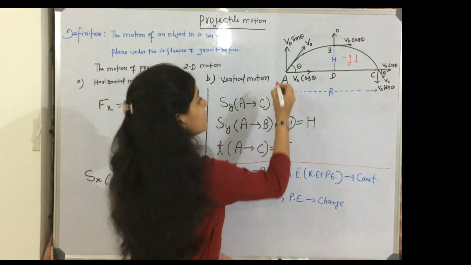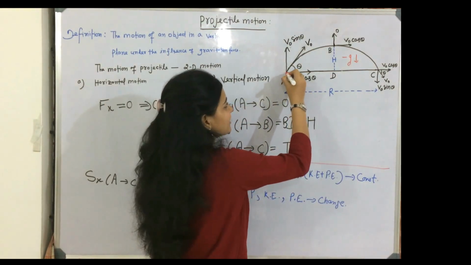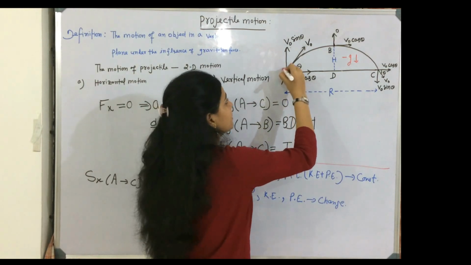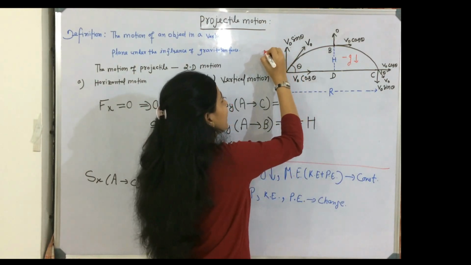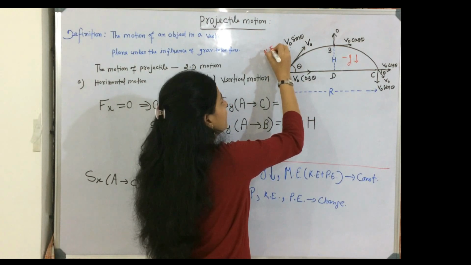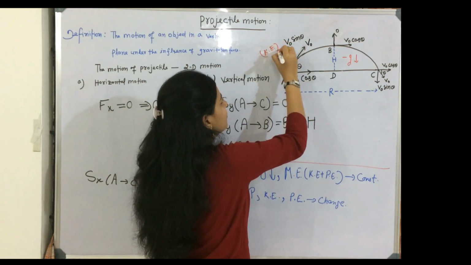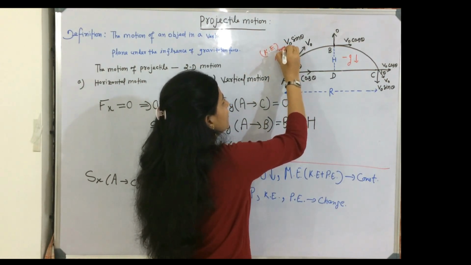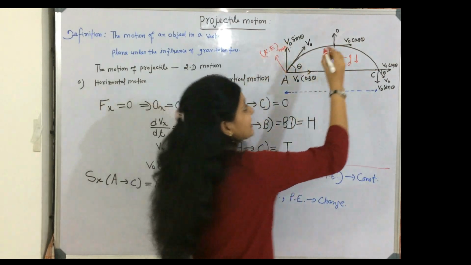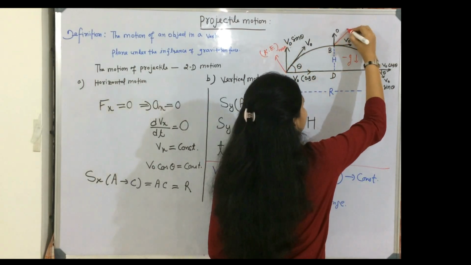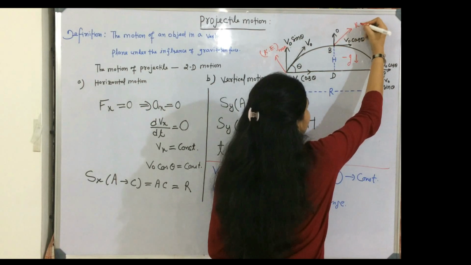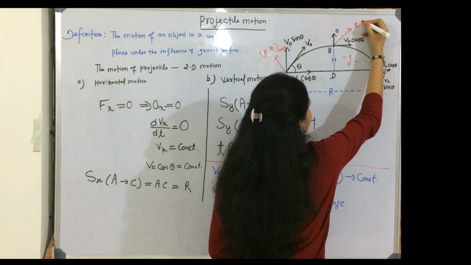Now, kinetic energy at the point of projection is maximum, while the kinetic energy at the highest point of the trajectory will be minimum.